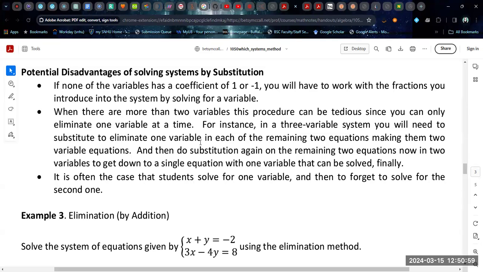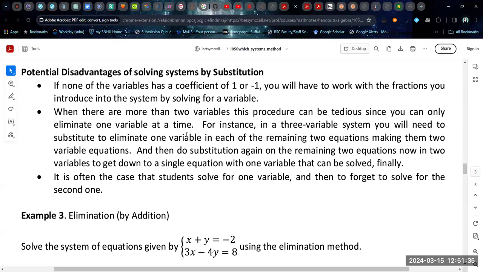And then you will repeat the substitution process on one of the two remaining equations, solve for one of the variables, and then substitute again into the last equation to make that one variable. And then you can go ahead and solve for one variable and then go backwards to your 2-variable equation to get the second variable, and then all the way back to your first equation to get the final variable. Again, it can be tedious, and the more variables you have, the longer this procedure is.